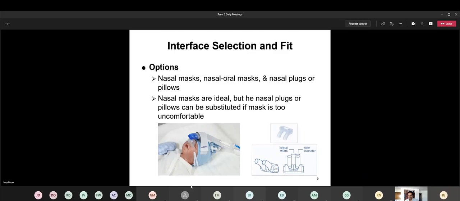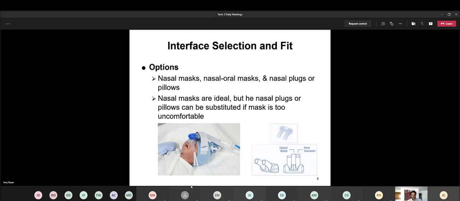Now, what are your options? So here again, we could do little tiny silicone masks that fit over the entire nose, or we could do like a nasal oral mask for like the bigger pediatric patients. Or we could do like the little nasal prongs. They call them plugs here. It's the same thing. Nasal plugs, nasal prongs, or there could be nasal pillows.